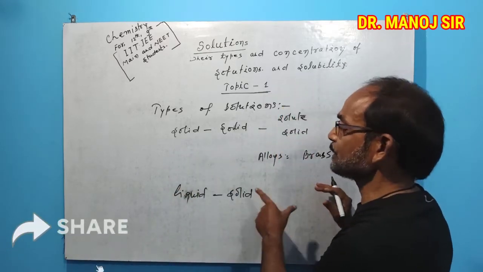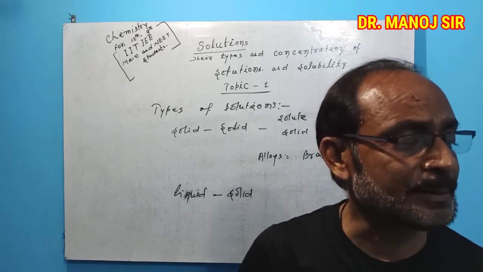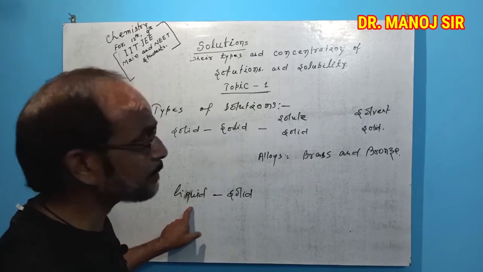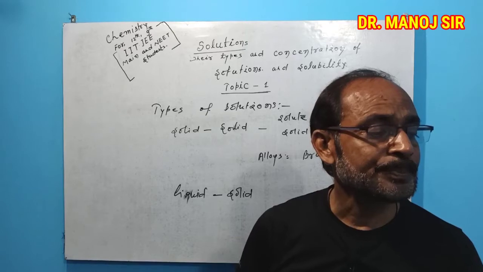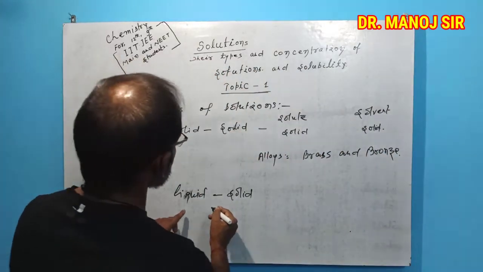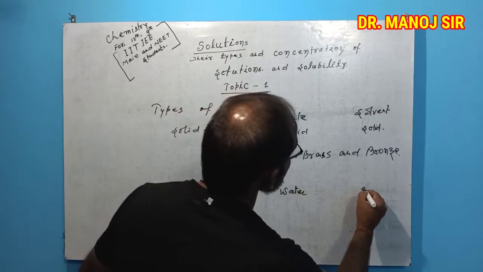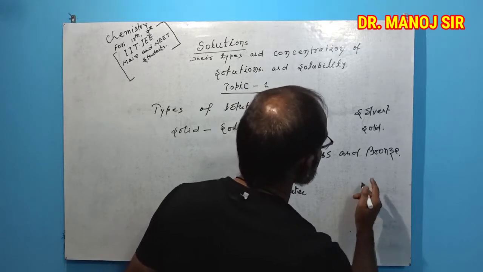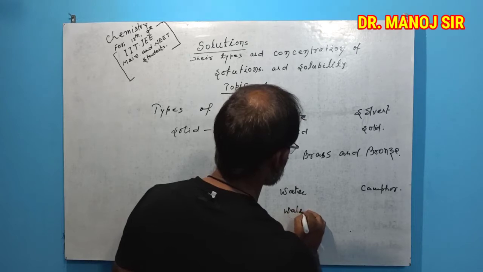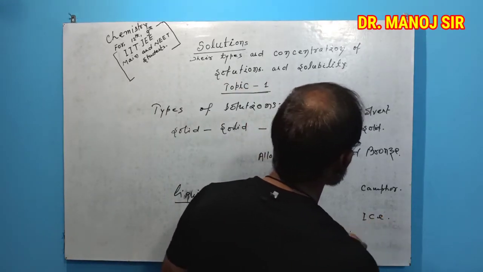The example is obtained by the sublimation of a substance like iodine or camphor. Examples include water, camphor, ice, and so on.